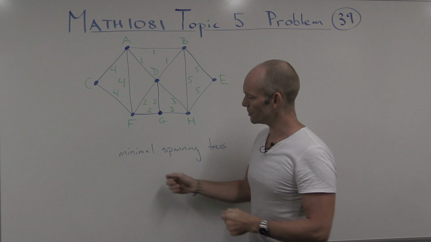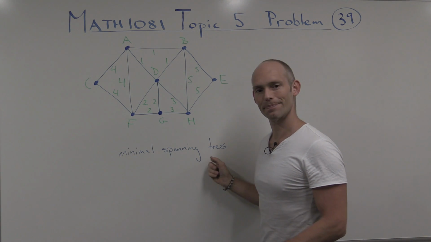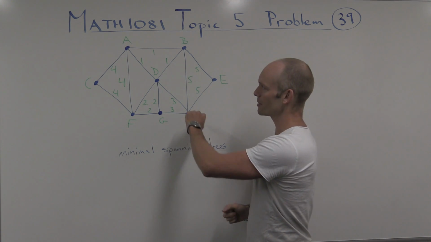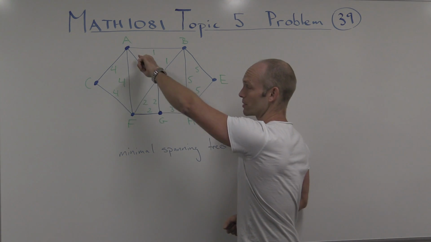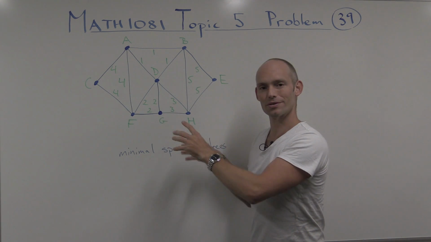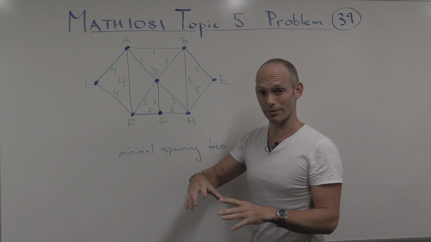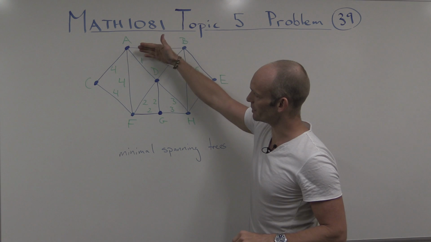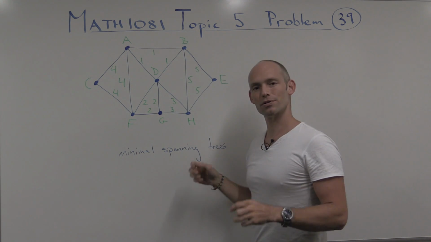Now, they will use a minimal spanning tree. They'll use a spanning tree because they want to get from every point to every other point. So our subgraph, which denotes the edges where we'll be upgrading our roads, has to be spanning. And it's a tree because we don't want cycles.